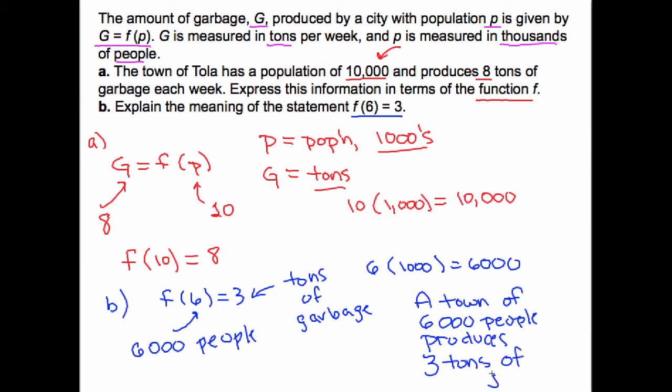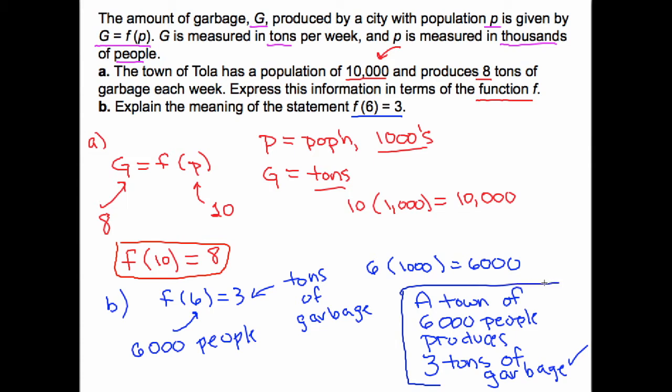And I have my interpretation. So when you see F of 10 equals 8, you're thinking a town with a population of 10,000 will produce 8 tons of garbage. And when you see F of 6 equals 3, you will think to yourself a town of 6,000 people will produce 3 tons of garbage.